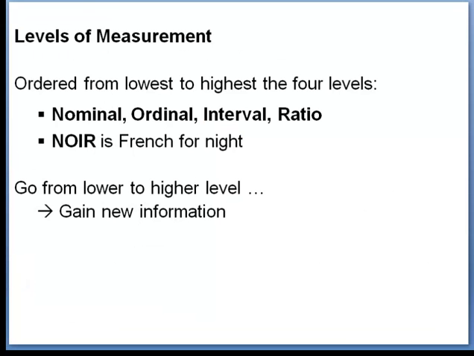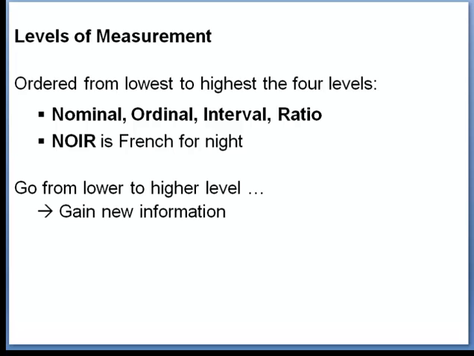Well, we're shifting gears here, and most of the rest of Chapter 1 pertains to levels of measurement. There are 4 levels of measurement, which is to say variables can be measured at 4 key levels, ordered from lowest to highest.